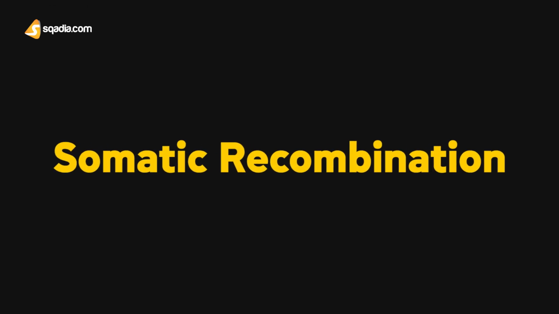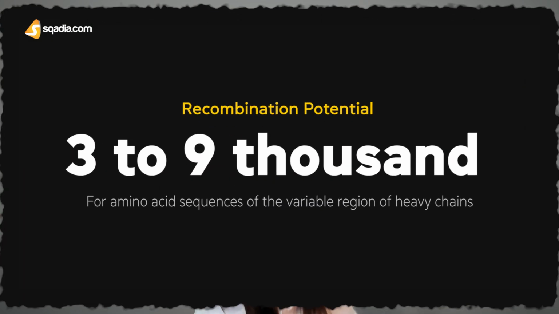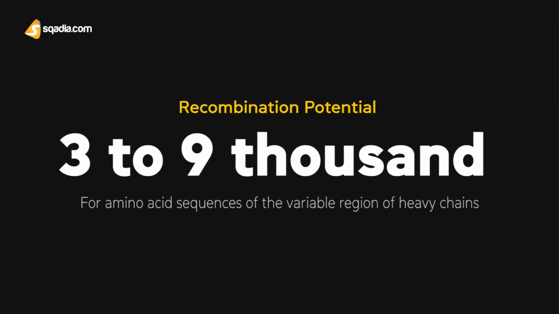Now, the cleavage of the L sequence ultimately yields the mu heavy chain of the immunoglobulins. Now, this entire process is referred to as somatic recombination, and it can yield a recombination potential of almost 3 to 9,000 for the amino acid sequence of the variable region of the heavy chains.